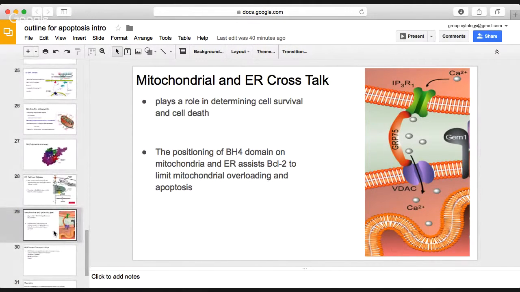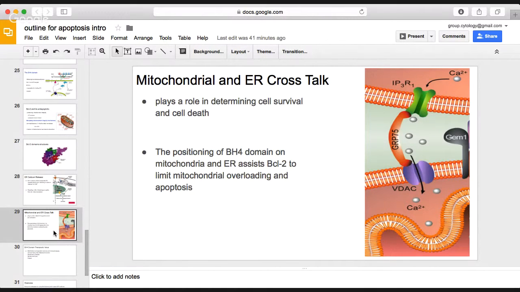Mitochondrial and endoplasmic reticulum crosstalk. The mitochondria and endoplasmic reticulum are in close proximity, which plays a role in cell survival and cell death, by the voltage-dependent anion channel, which controls if the mitochondrial calcium elevation will promote cell survival or cell death.